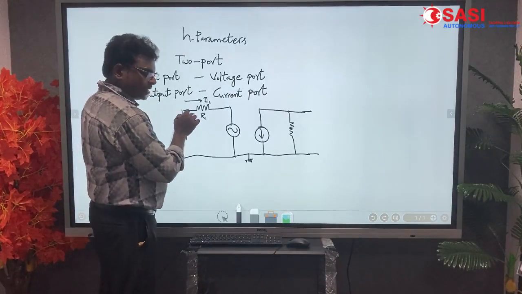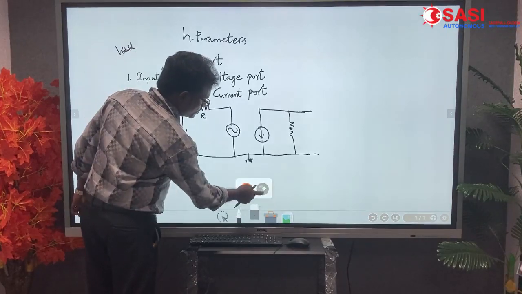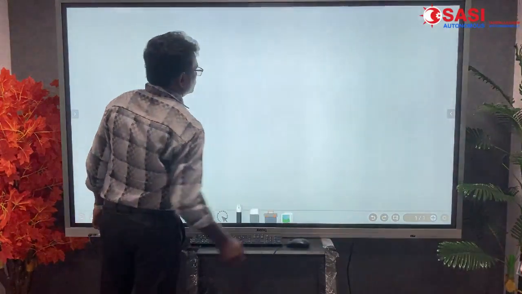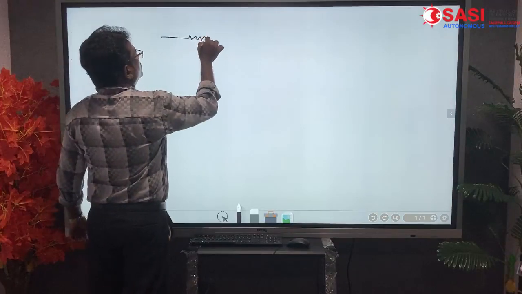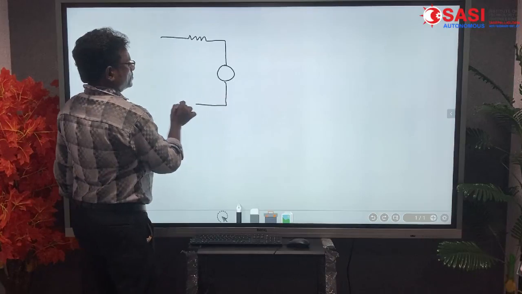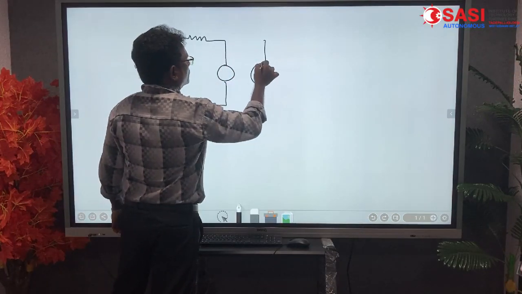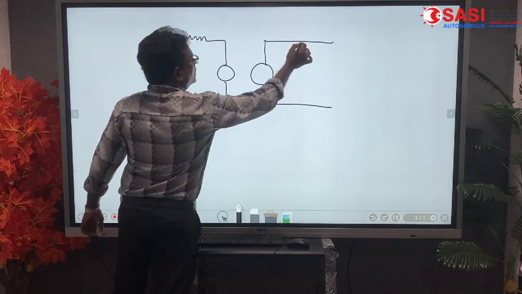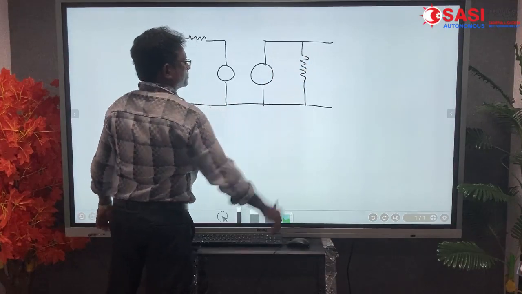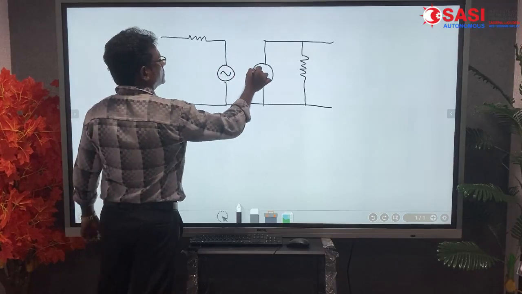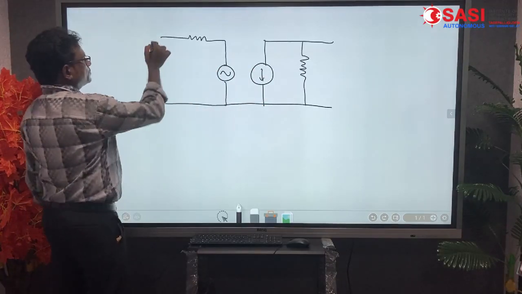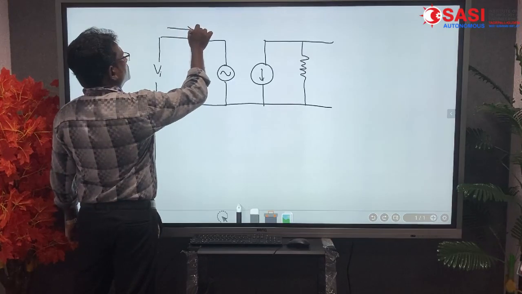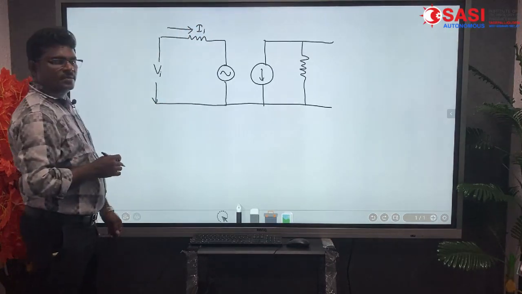Observe the diagram once. This is the input port, and this is the output port with the resistance, voltage and current. This is the input voltage VI, this is the current II, and this is the resistance RI.